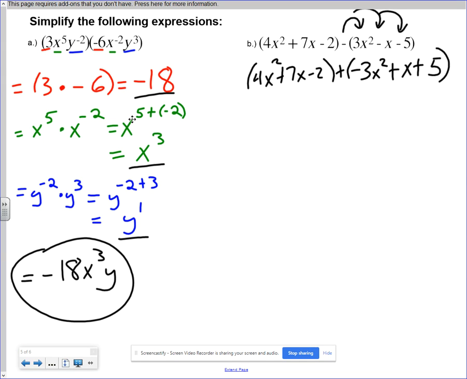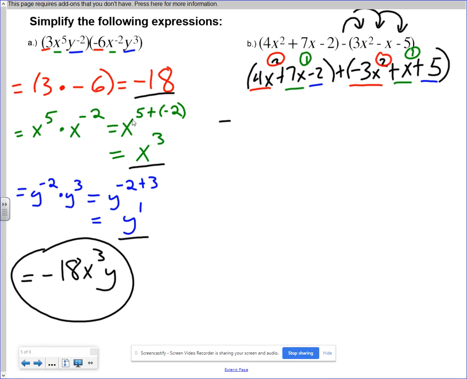Now, in order to combine these two expressions, we need to group our like terms together. We determine like terms by our variables here. This x squared term will get grouped with this x squared term. The x term, which is x to the first, will get grouped with this x to the first term, and then we'll group our two constant terms together.